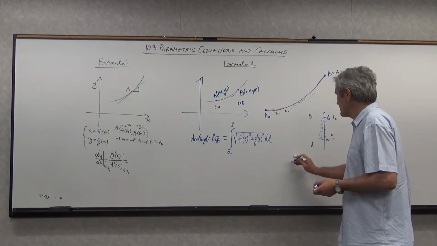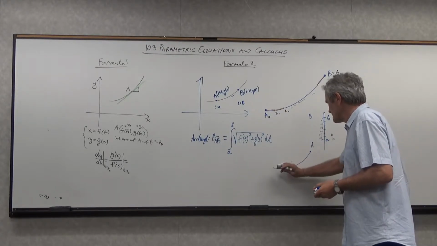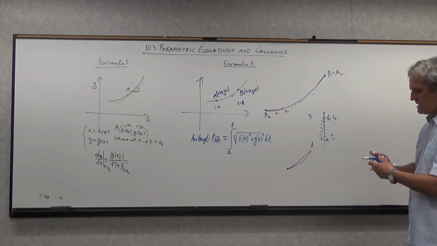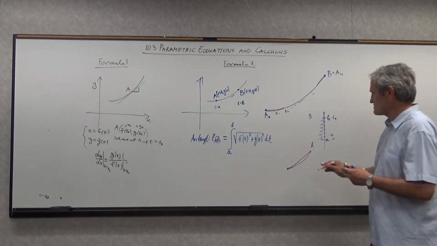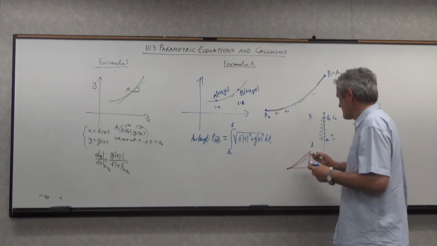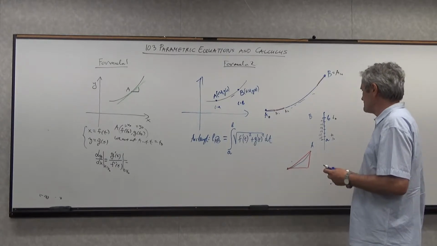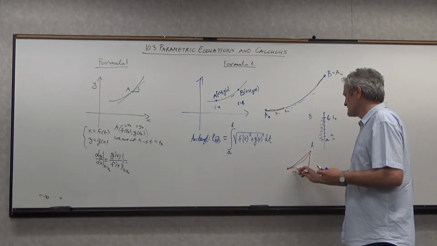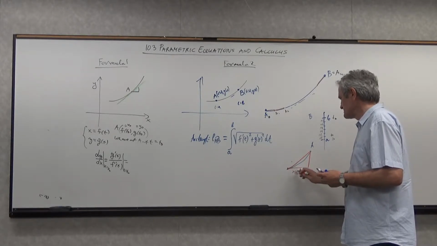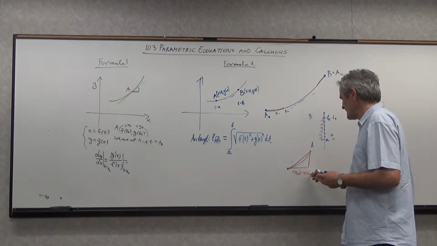If my chord goes like this, and we connect it this way, then this would be the change in x: x of t(i+1) minus x of ti.